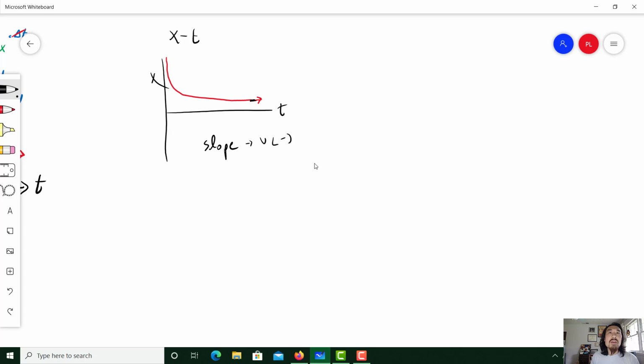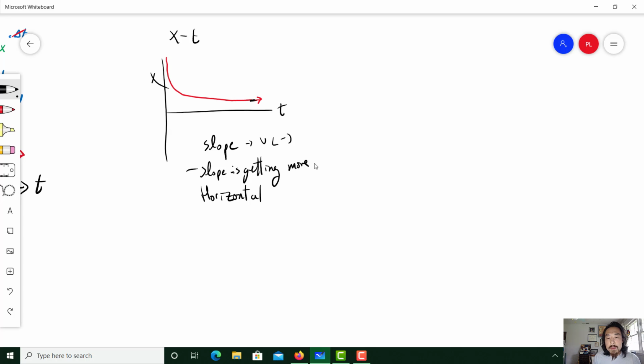And if the slope is flat, that means the slope could be zero. It's not moving. So from there, we can see that this slope is getting more horizontal.